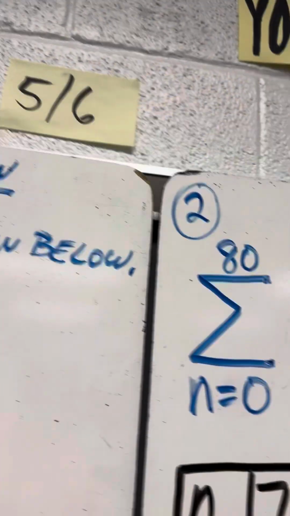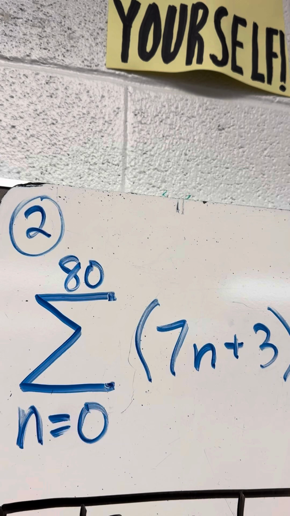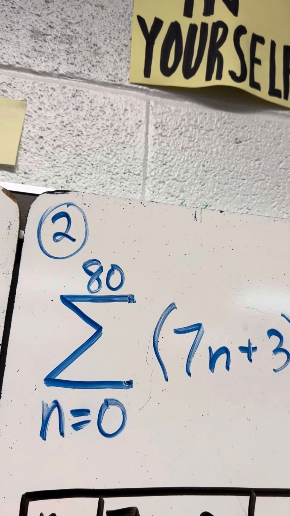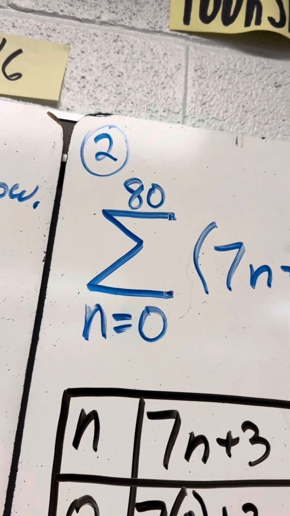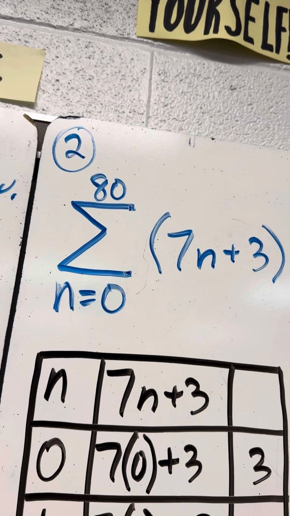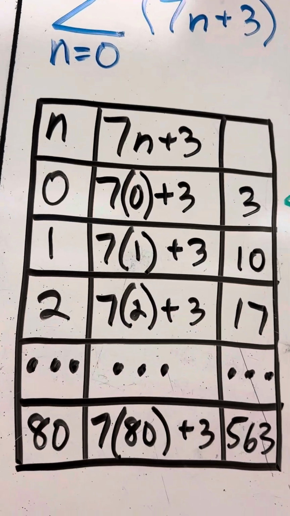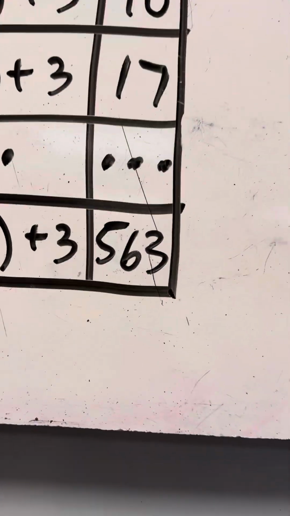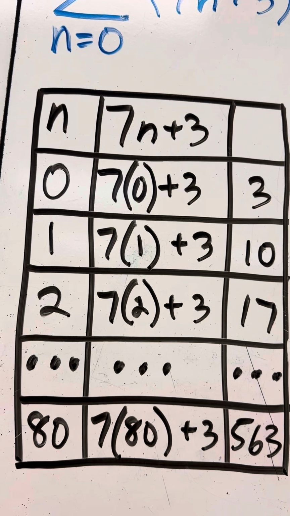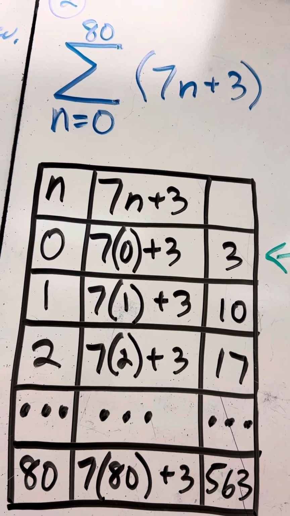Over here, what if you have n equals 0 to 80? Sigma n equals 0 to 80 of 7n plus 3. Right? This time the first term is 7 times 0 plus 3. That's your A1. Okay. Your last one will be 7 times 80 plus 3, 563, that's your AN. Okay? So, please keep in mind, how many numbers are there?